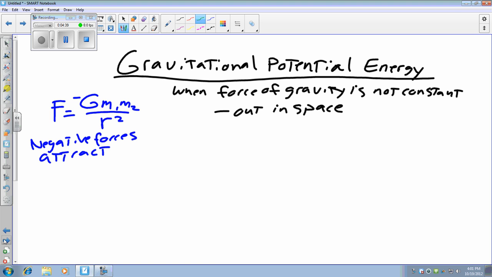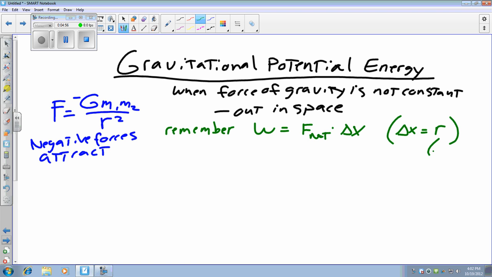Now, if you remember, work is equal to the net force times the distance. Well, in this case, delta x is r, the distance between, for example, the Earth and the Sun, or the Earth and the Moon, or some satellite in orbit around the Earth.